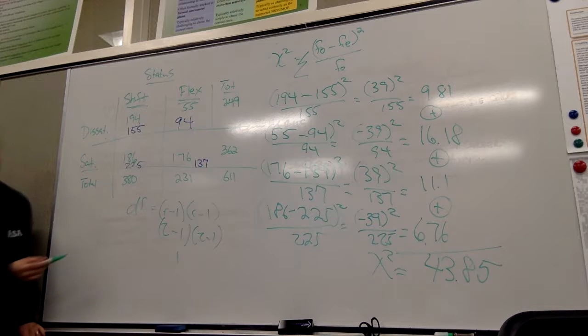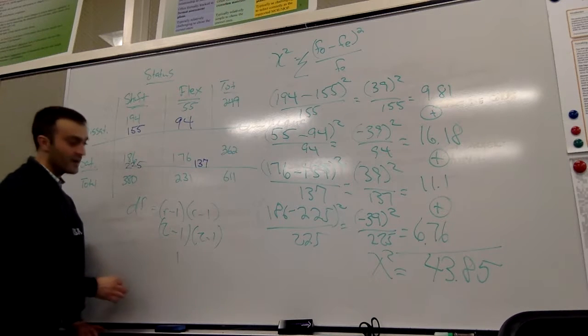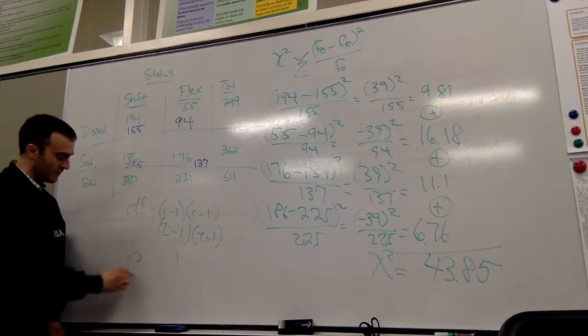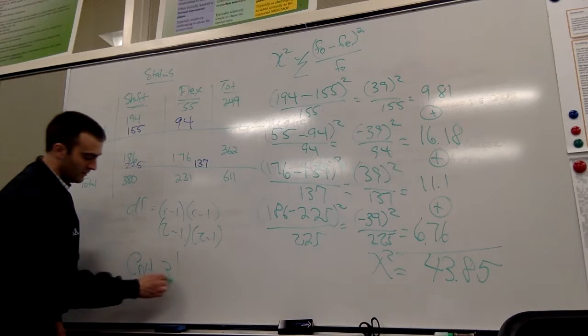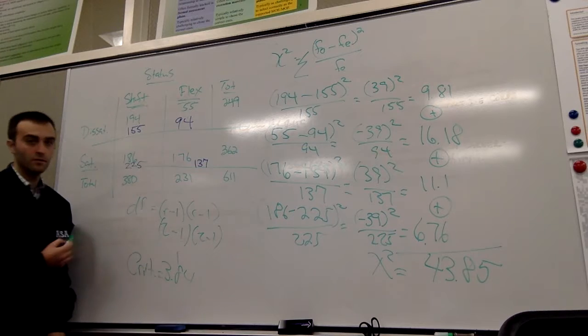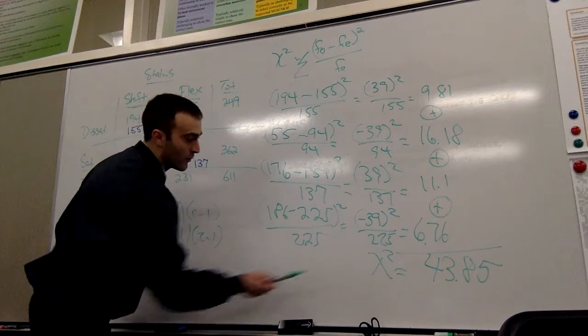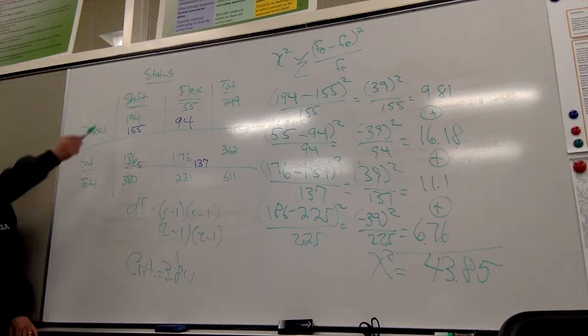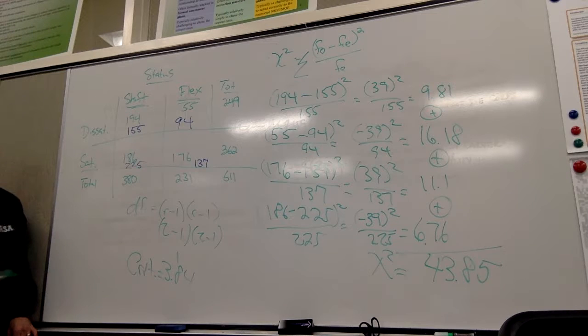And for 95% significance, we're looking at what value that we want to meet or exceed. Our critical value is 3.84. And obviously 43.85 is greater than 3.84. So yes, there is a statistically significant relationship between shift status and satisfaction.